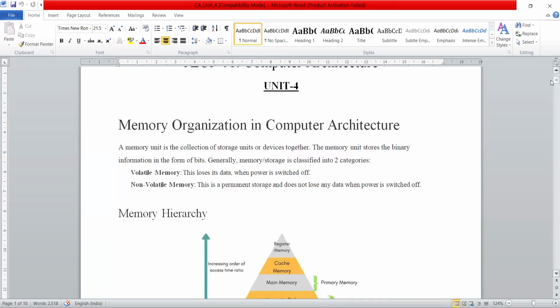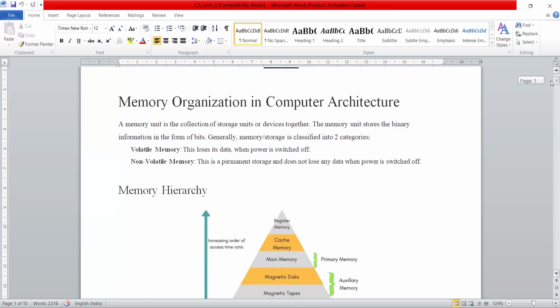Hence, we can call it permanent storage. So this is the basic classification of memory on the basis of its retention, how much it can retain the data in its memory. Now let's understand different kinds of memory and its hierarchy.